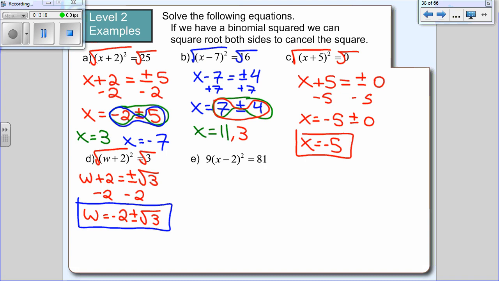All right, for E, we have something squared equals a number, but there's a coefficient in front of that something. So just like we did on the other questions, you need to get rid of that coefficient as your first step, so that you're back to the situation we wanted, which was something squared equals a number.